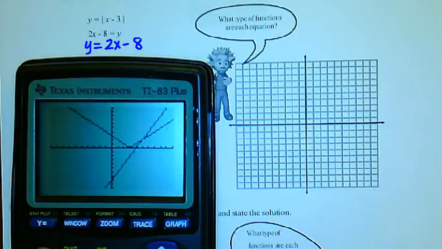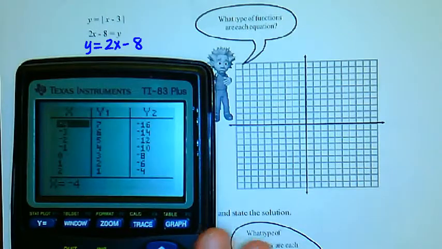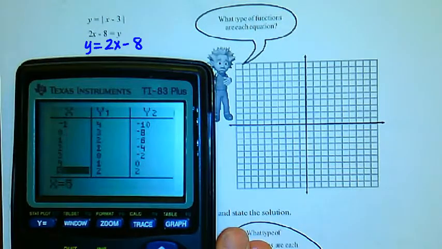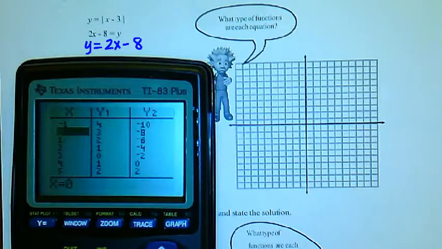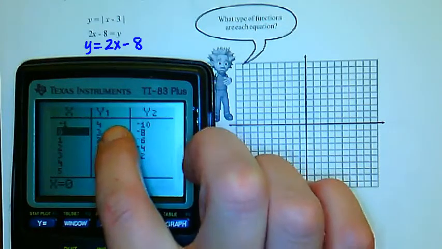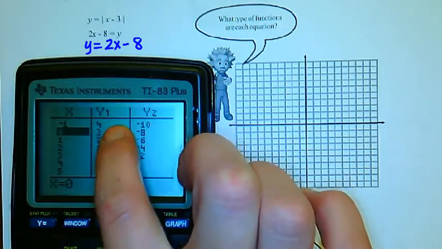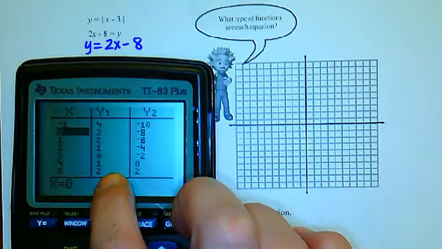All right, so the first thing I want you to do always, of course, is to copy down the graph. So what I want you to do is scroll down until you see where that intersection is. Okay, so for my y1, my absolute value, that is going down, down, down, down, down, and then it turns around.